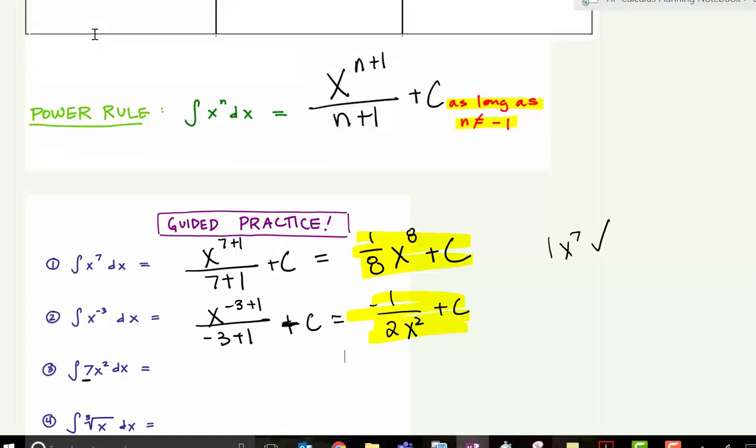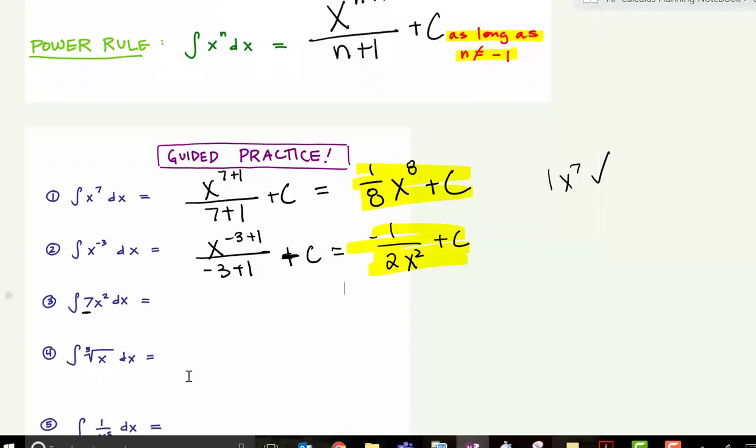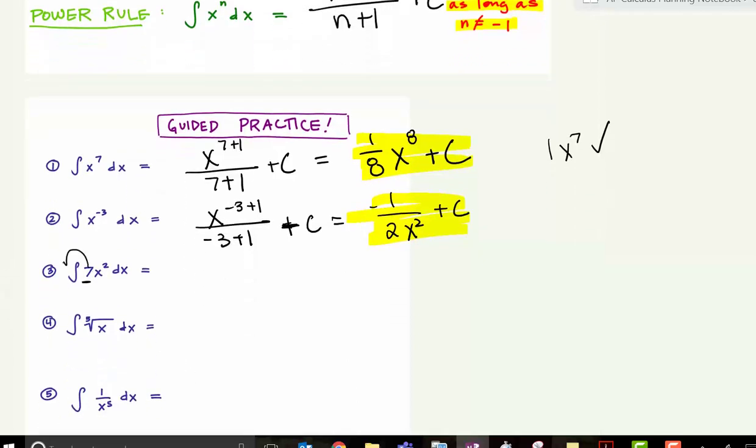All right, for 7x squared, we're going to go to that rule that says that constant can come outside of that integral. So I'm going to say this is the same thing as 7 times the integral of x squared. And once again, my n value is 2. So we have 7 times x to the 2 plus 1, which is cubed, all over 2 plus 1, which is 3, plus c, which gives us 7/3 x cubed plus c.